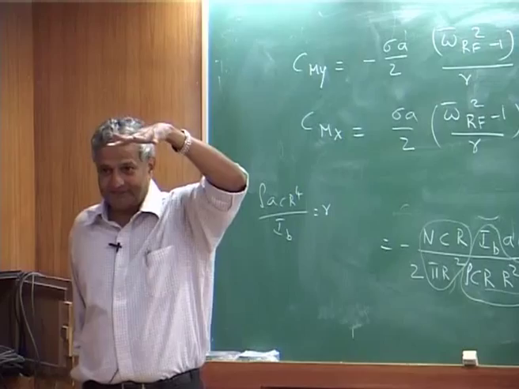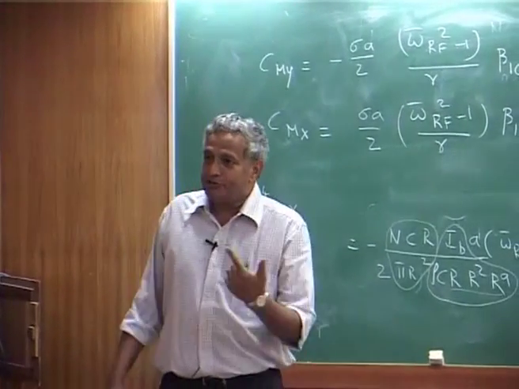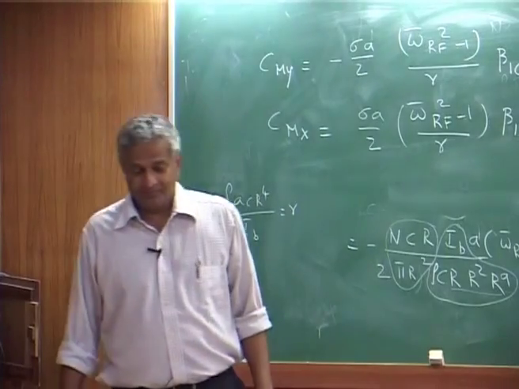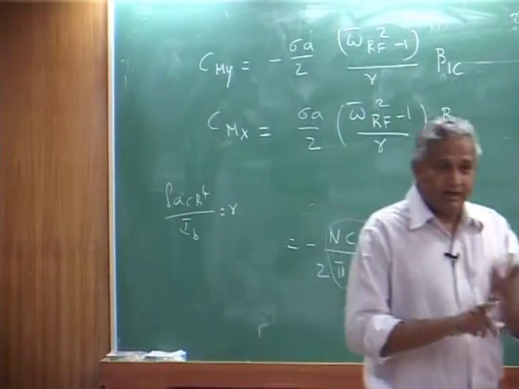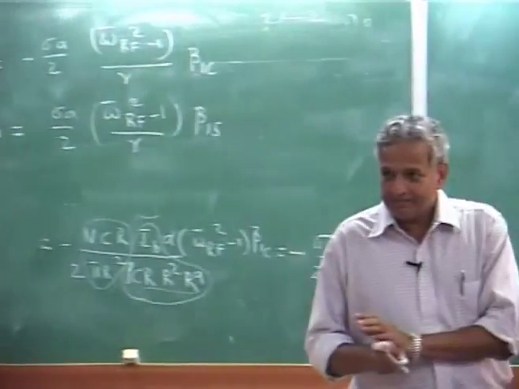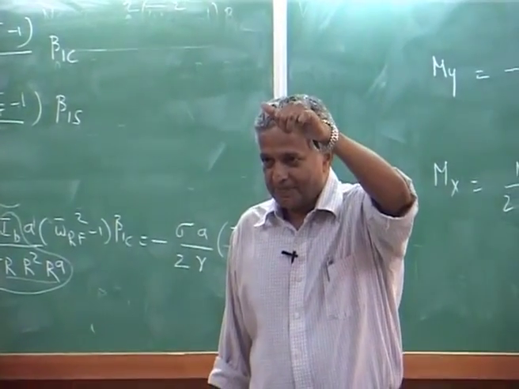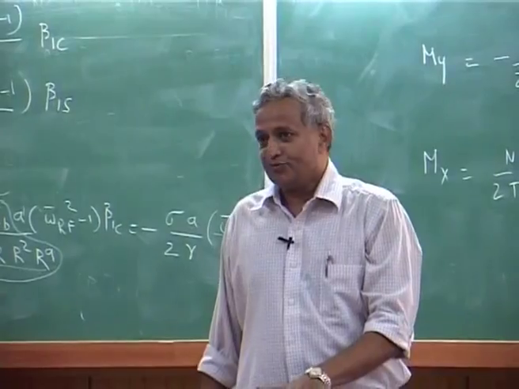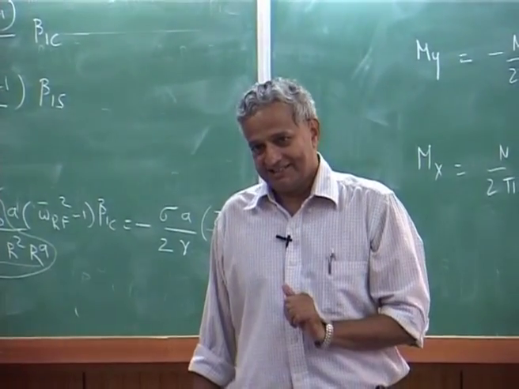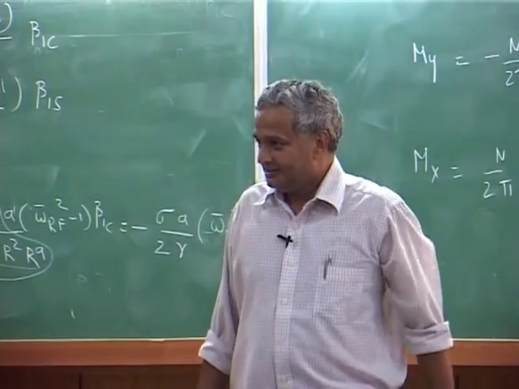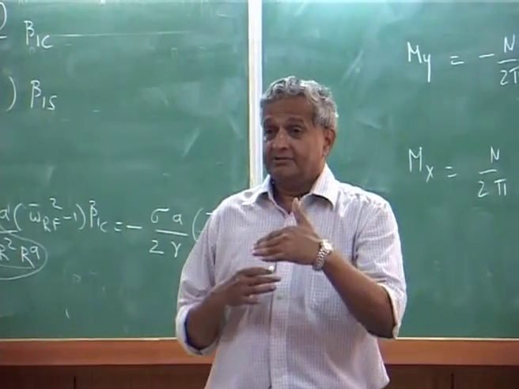Now, how much do you generate at the fuselage CG? Because the hub forces will also get transformed to the fuselage CG, and the hub moment also will get directly transformed. What is the relative order?